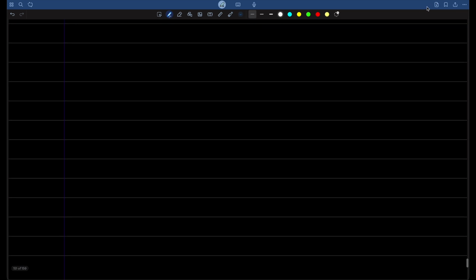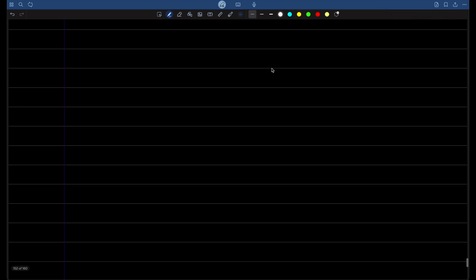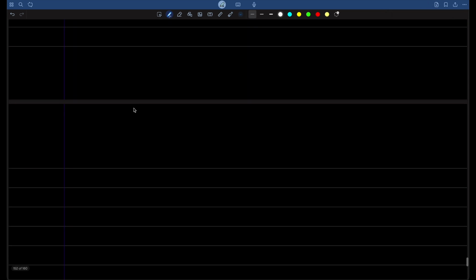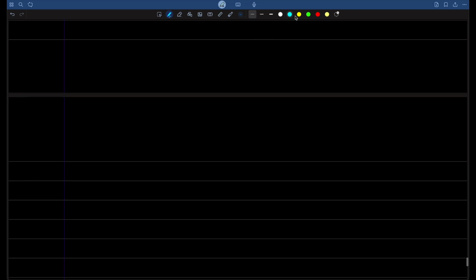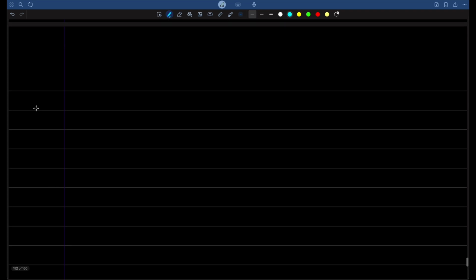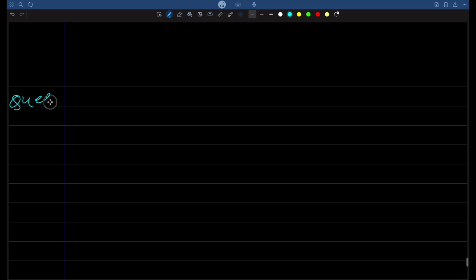Now question number 6. What is given in the question, that is, in a class test plus 3 marks are given for correct answer.